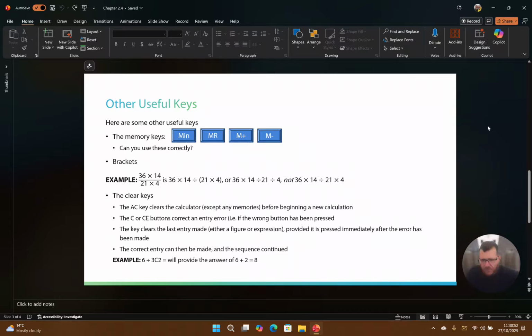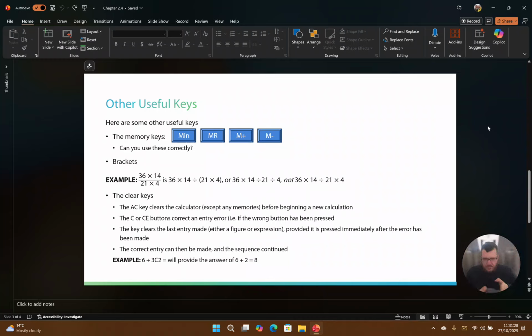And then you've got brackets, for which there's an example that we've got there. Just out of interest, I wonder what that would equate to. That's 6.